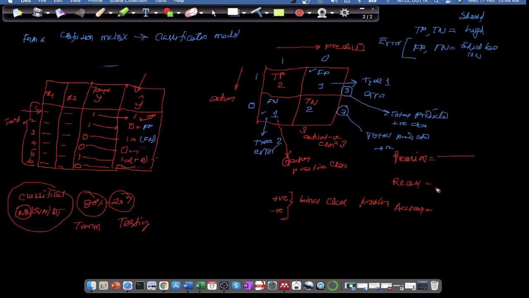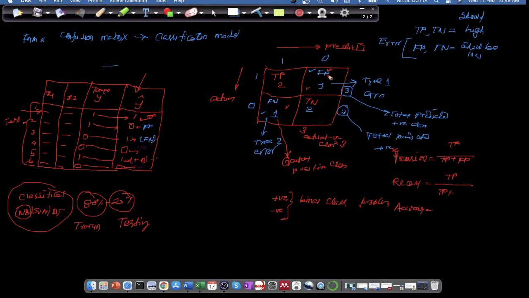In both precision and recall, TP will come in the numerator and also in the denominator. This is how you can remember the formula. For precision, P, you go to this column: TP plus FP will come in the denominator. For recall, you have to consider these two cells, this cell and this cell.